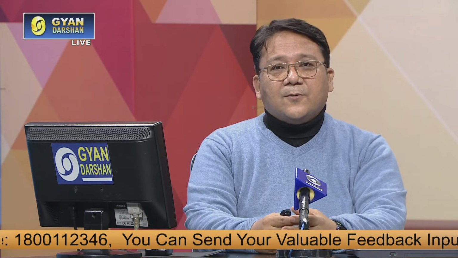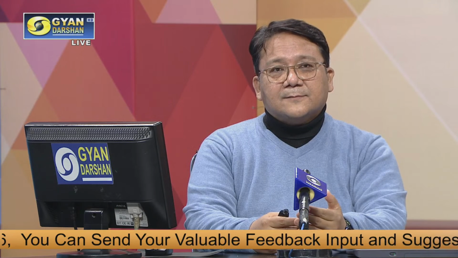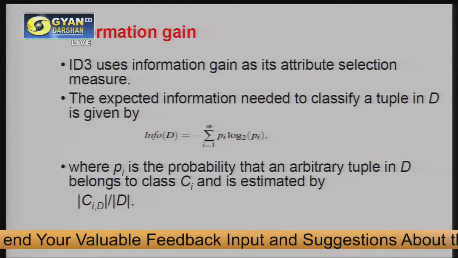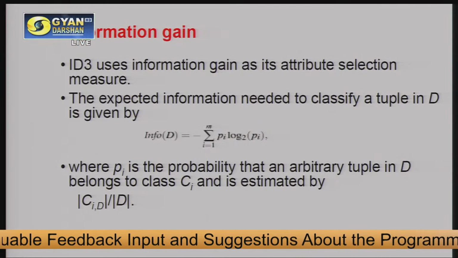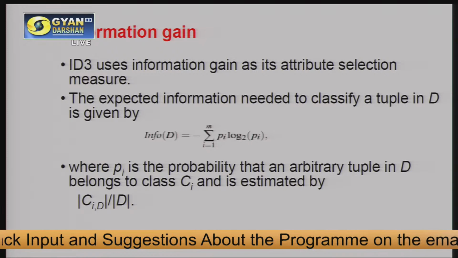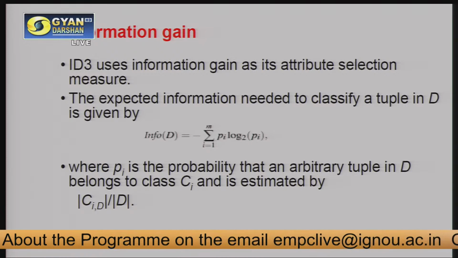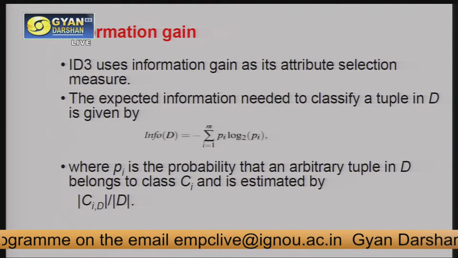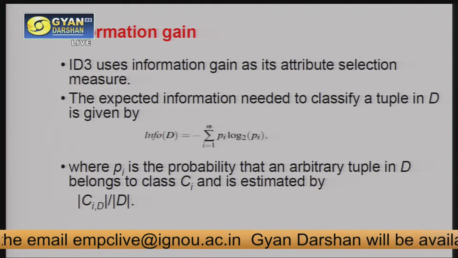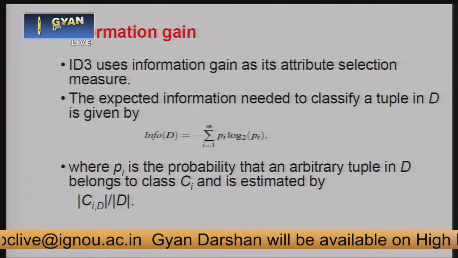Then based on that, we are going to calculate the information gain, and based on the information gain we are finally going to calculate the value for each attribute. In the beginning we start with the expected information, which is for the complete data set.